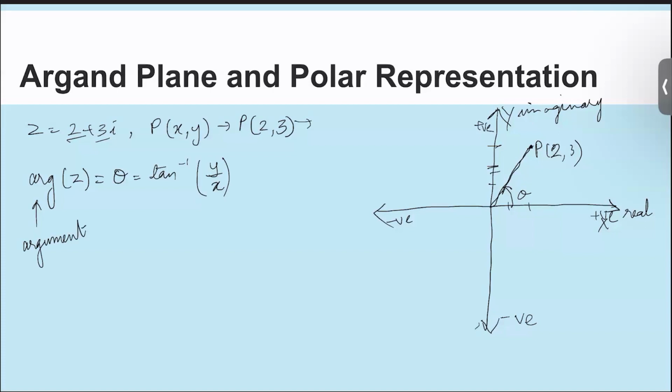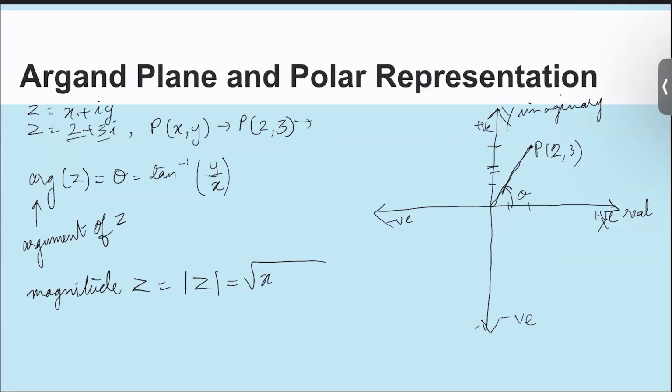To find the magnitude of z, we find the modulus of z. Since we are denoting z in the form x plus iy, this is similar to how we found the modulus of a plus ib, the square root of a squared plus b squared.